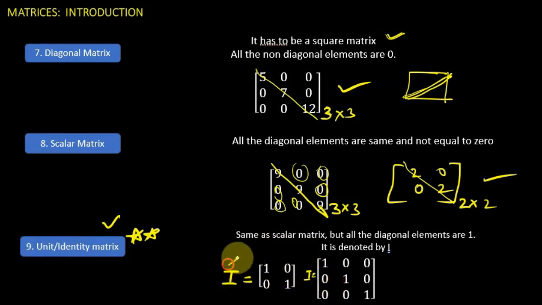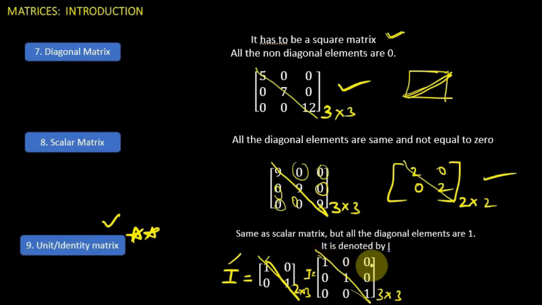Observe here, this is a square matrix, a 3 cross 3 matrix, and this is a 2 cross 2 matrix. The diagonal elements are all 1s, and all other elements should obviously be zeros. Such type of matrix is called a unit or identity matrix.